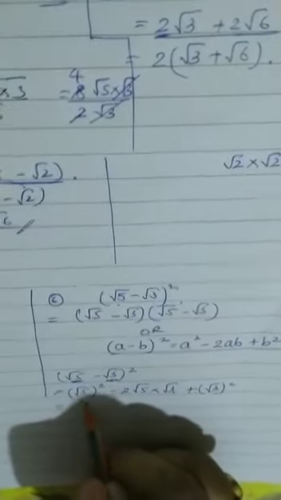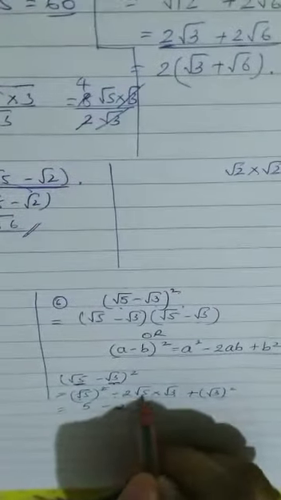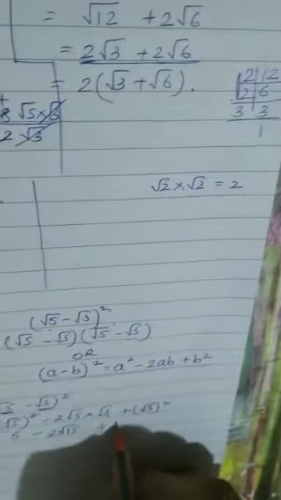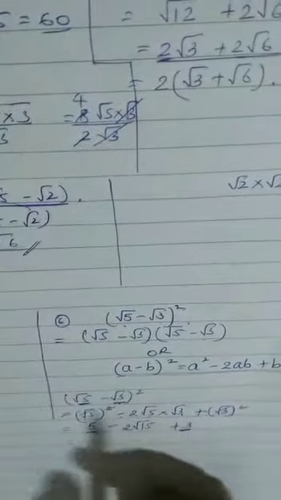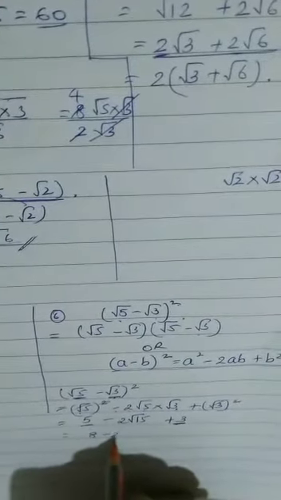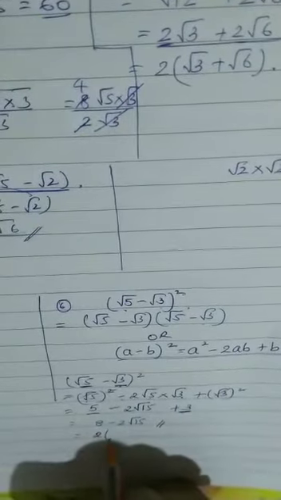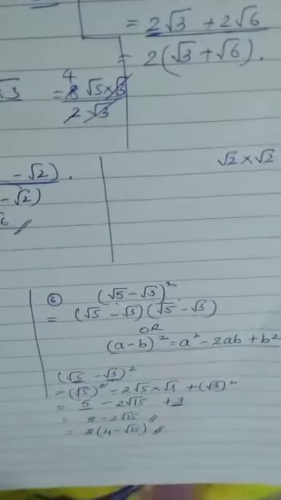Now root 5 the whole square is 5 minus 2 root 5 into root 3, root 15, plus 3. 5 plus 3, they are natural numbers, so I can add them. 8 minus 2 root 15. Either you stop here, or if you want, you can remove 2 common: 2 times 4 minus root 15. I hope it is understood.